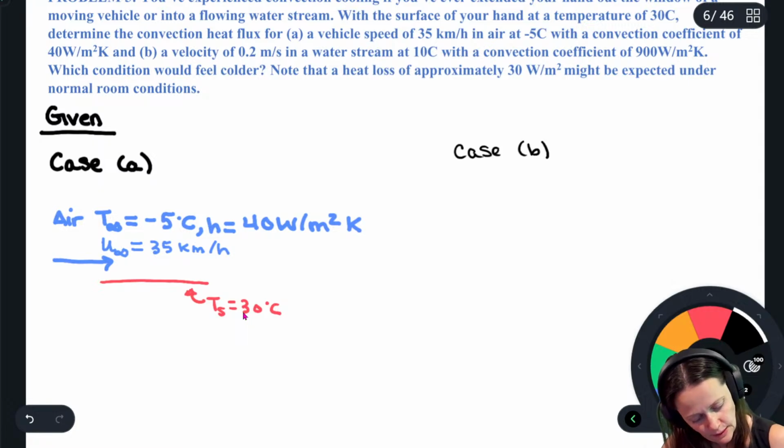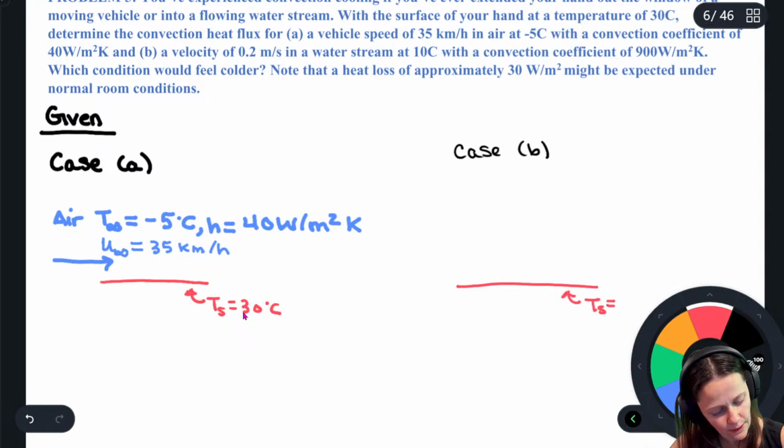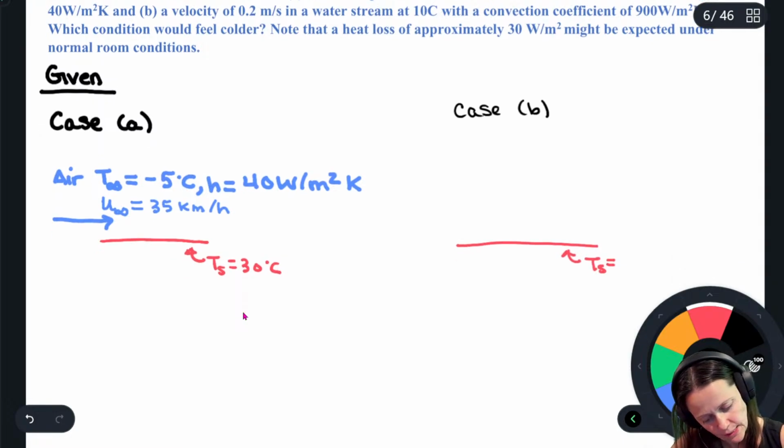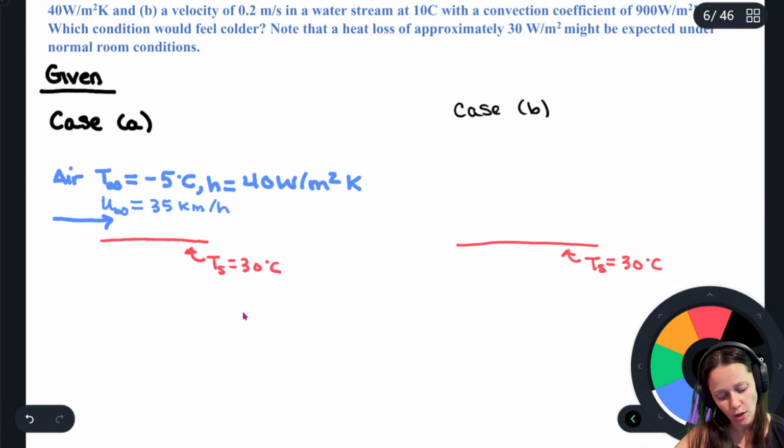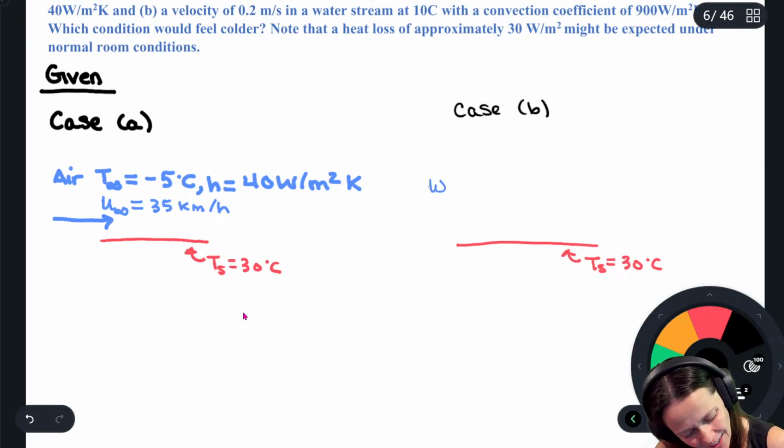All right, and then we have case B. Again, we've got the surface of my hand, 30 degrees. But in this case, I've stuck it in a stream of water. So instead of air, I have water.